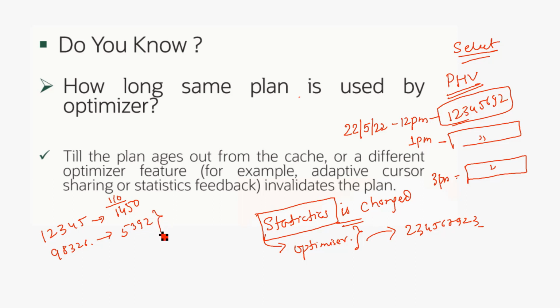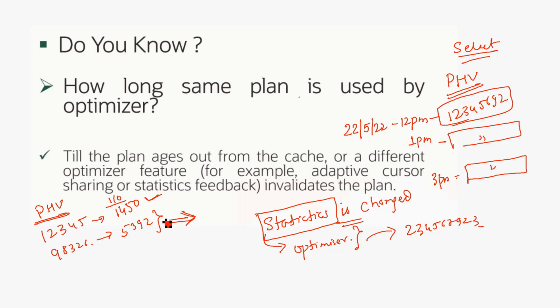Obviously, the IO of 5392 is much higher than the IO of 1450. If the optimizer is selecting this plan, it is taking a huge amount of execution time to get executed. It is taking a huge amount of IO, right?